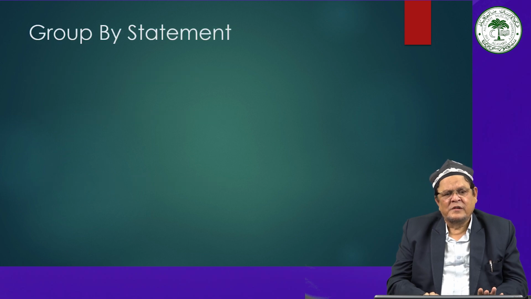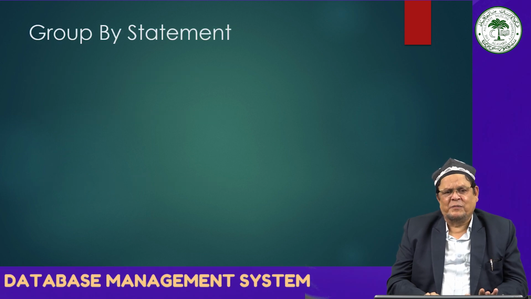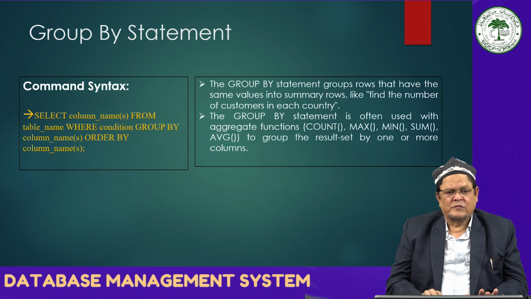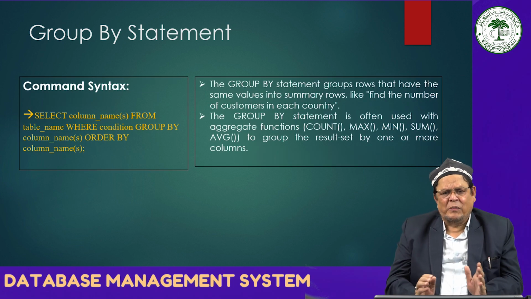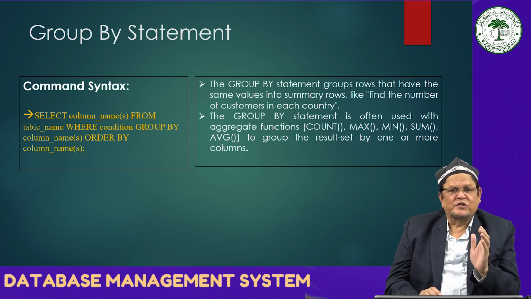The next is the group by statement. Group by statement is very important, because the group by statement groups rows that have the same value into summary rows, like finding the number of customers in each country.